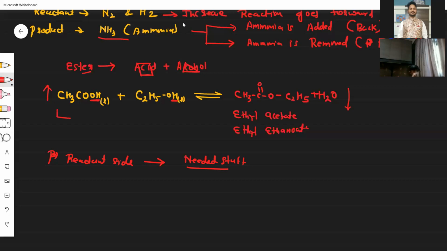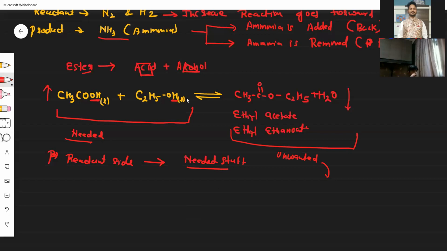Logically, I give this explanation: the thing present on the reactant side is needed stuff, and the thing present on the product side is unwanted stuff, because the reactants react together and give you the unwanted thing which we don't want. So if you remove the unwanted thing, you are more favorable, so the reaction is forward. If you add unwanted stuff, I'm not comfortable, and the reaction will go backward. This is how I explain the needed and the unwanted things.